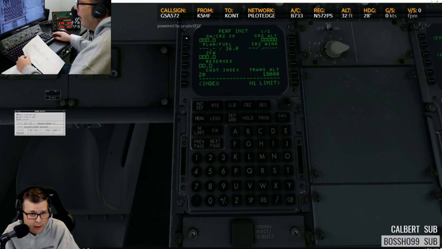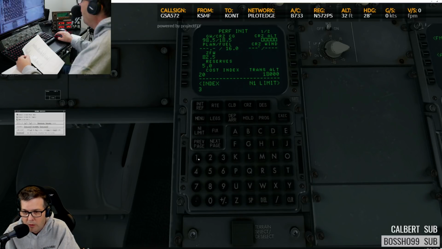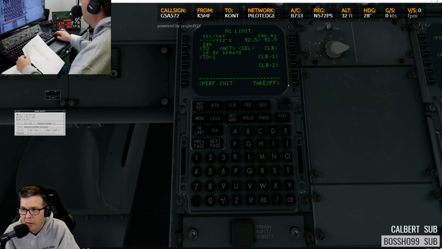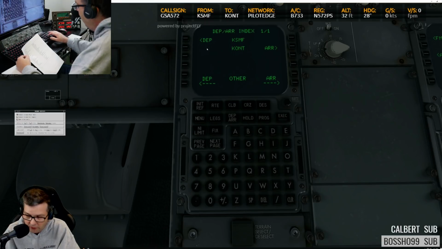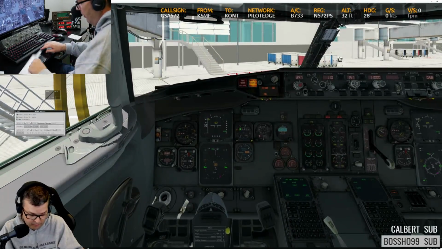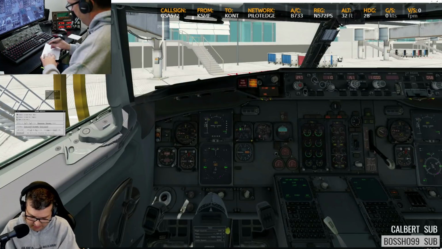Gross weight is 98.5. Reserves 5. Cost index 20. Flight level 310. N1 limit takeoff flaps 5. 119, 121, 132. Departures. I'm going to call in and get clearance one more time to make sure that that hasn't changed.